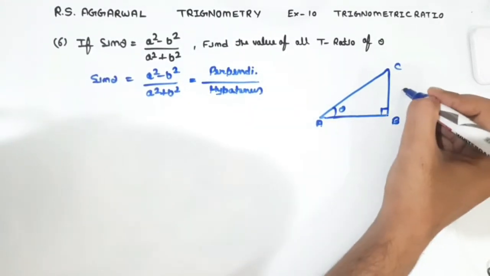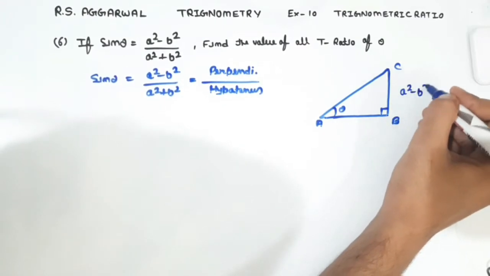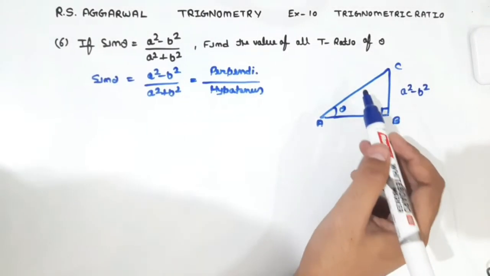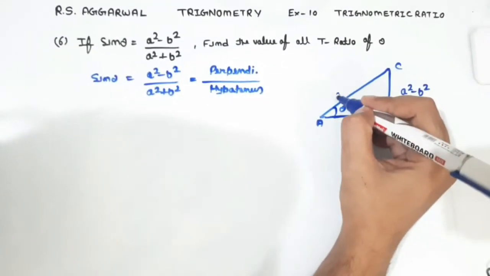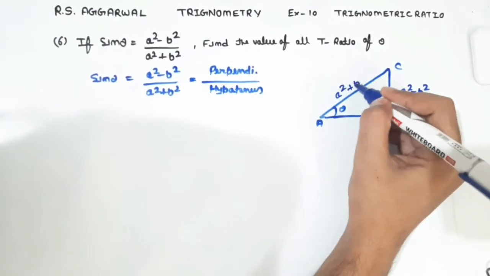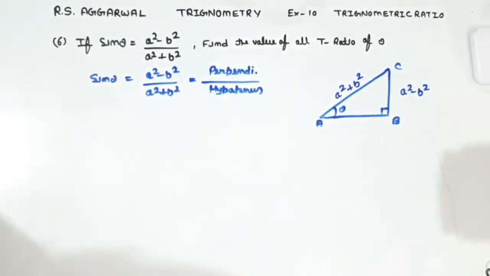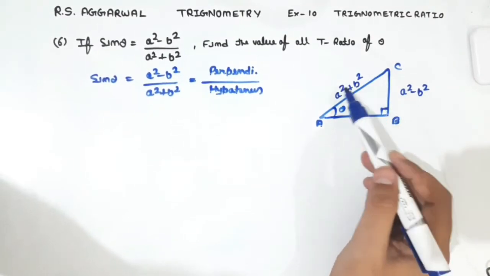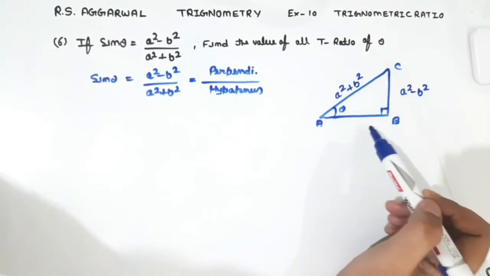So this is a square minus b square, and the side opposite to the 90-degree angle will be hypotenuse, that is a square plus b square. So in this triangle we have perpendicular and hypotenuse. We have to find AB, that is base.